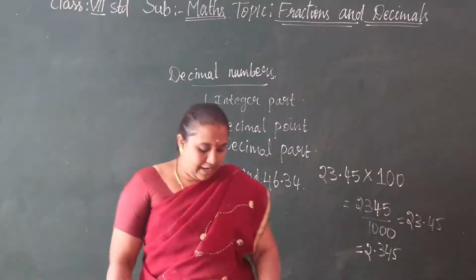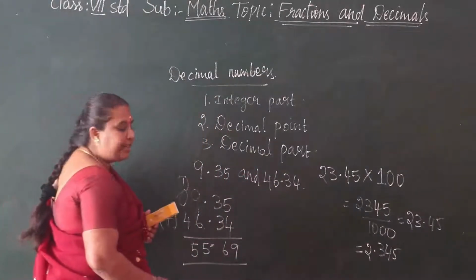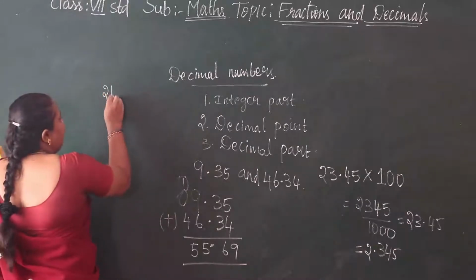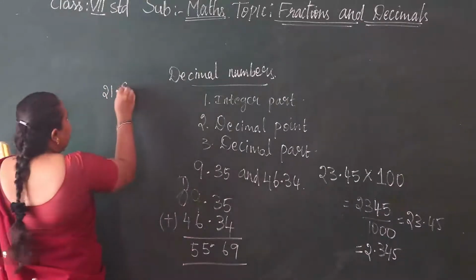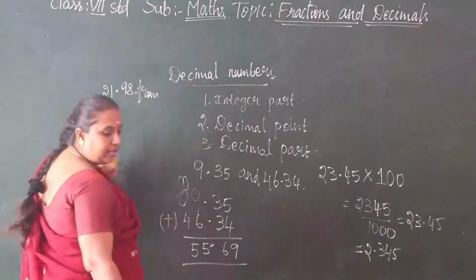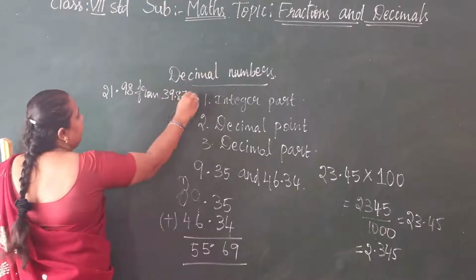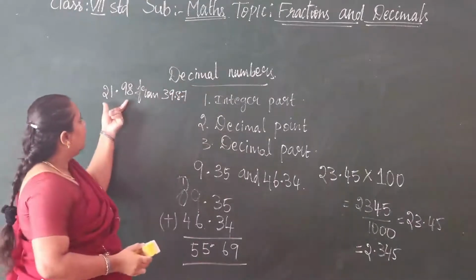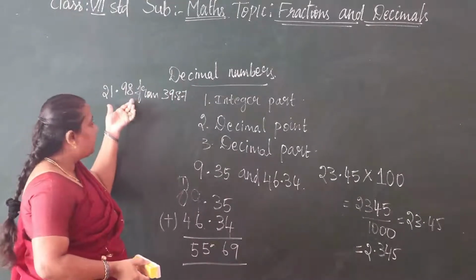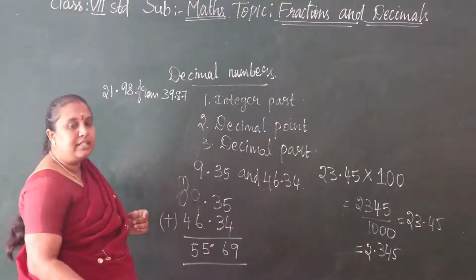Okay, so subtract 21.98 from 39.87. This number, 21.98, we want to subtract from 39.87.